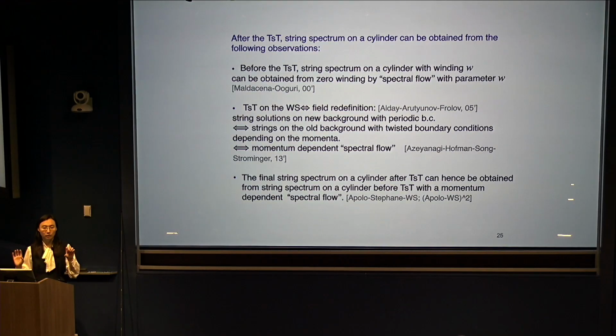But this field redefinition will mess up the boundary conditions. So the variables before and after the deformation, if we choose the variables after the deformation to be periodic on the string worldsheet, it will introduce this non-trivial winding in these AdS coordinates.